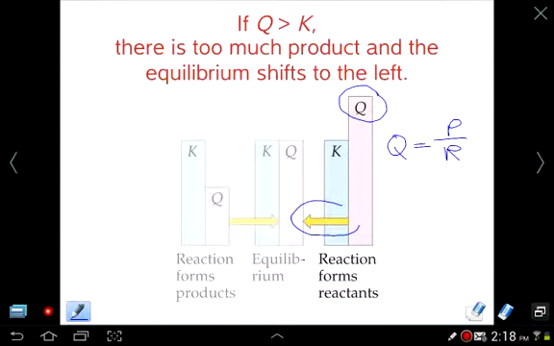So if Q is greater than K, then Q is too big, which means we'll have to reduce the top and increase the bottom. Because the top are products, we'll lose some products and gain some reactants. So that's if Q is greater than K.